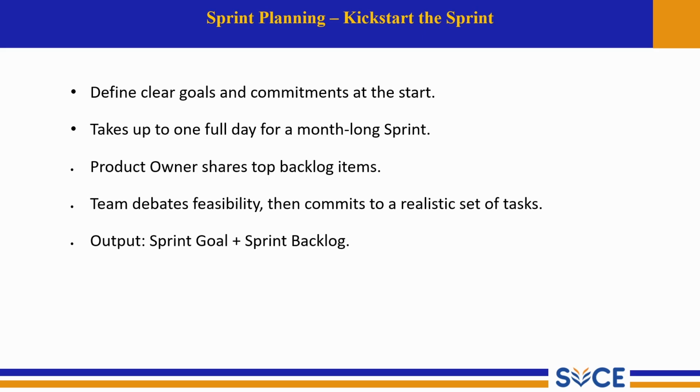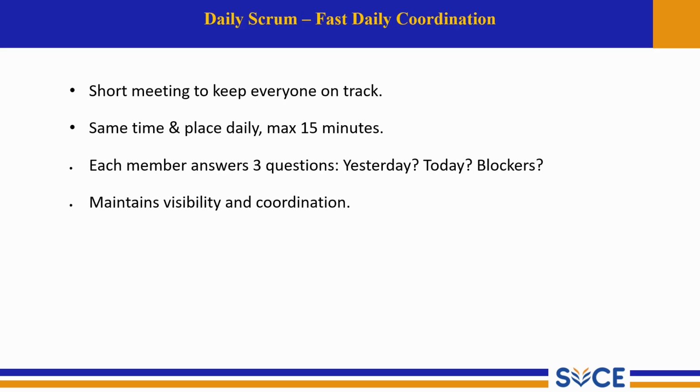Now we will see in another slide the topic of daily scrum, fast daily coordination. It is a short meeting to keep everyone on track. Consistency helps everyone stay aligned by keeping the short meeting at the same time and place daily.